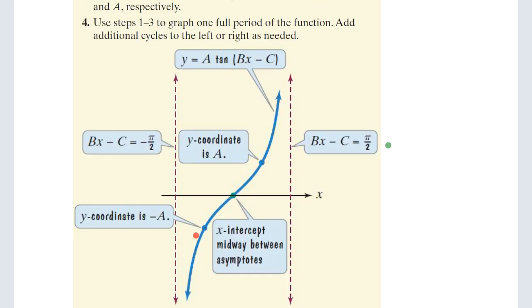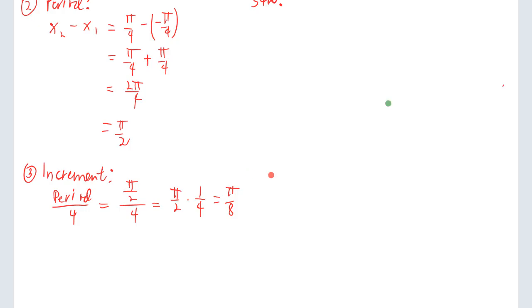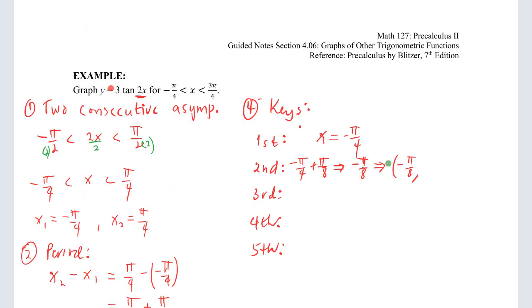If you have a coefficient 2, then below the midline would be negative 2. If you have a coefficient 3, then below the midline would be negative 3. What do I mean by coefficient? I mean the coefficient in front of the tangent function. In this case, it is 3. So I'm going to have a y value there which is negative 3.